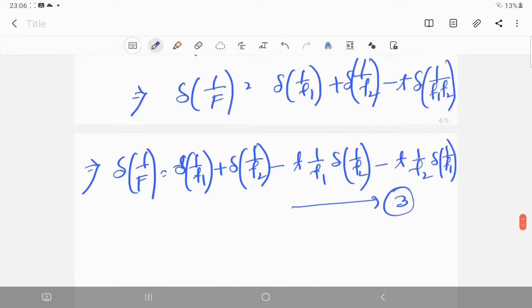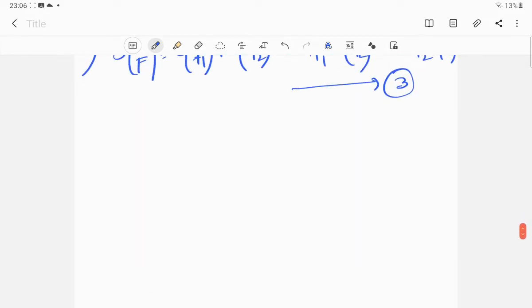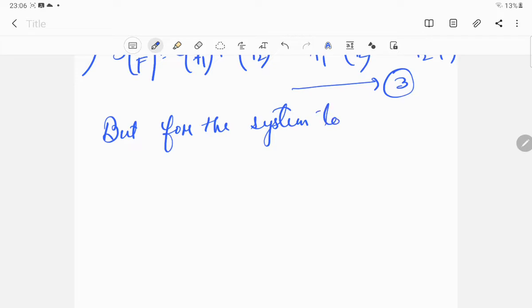So that means for the system to be achromatic, this should be equal to a constant, it cannot change.